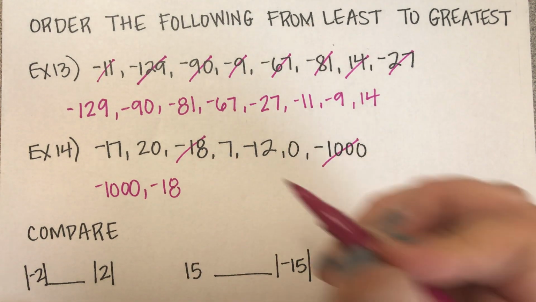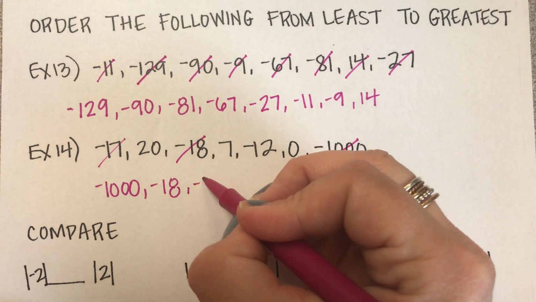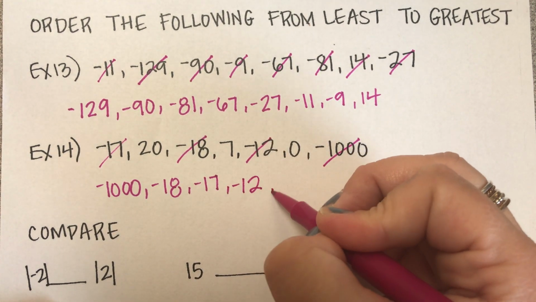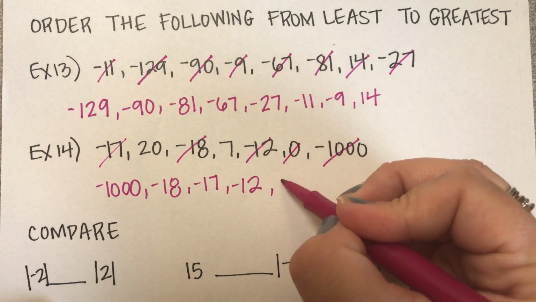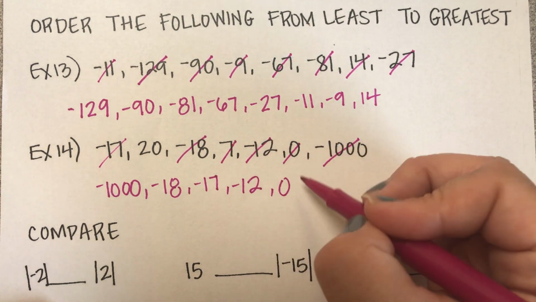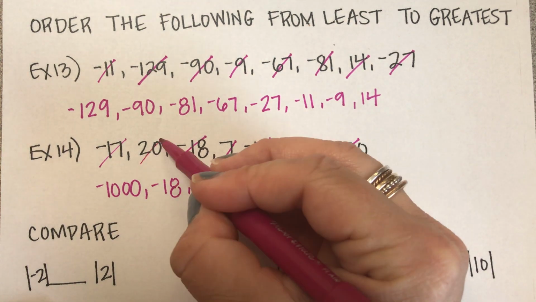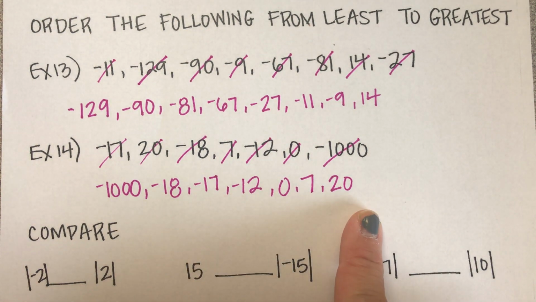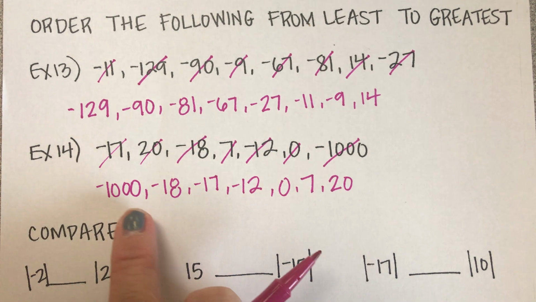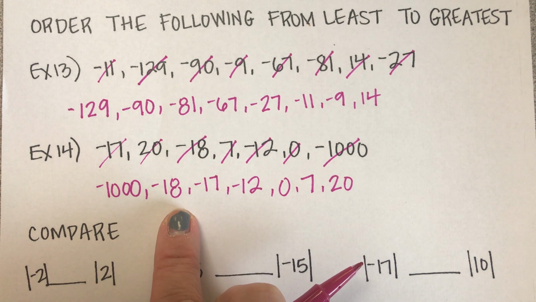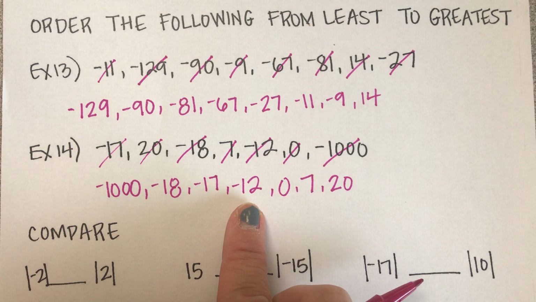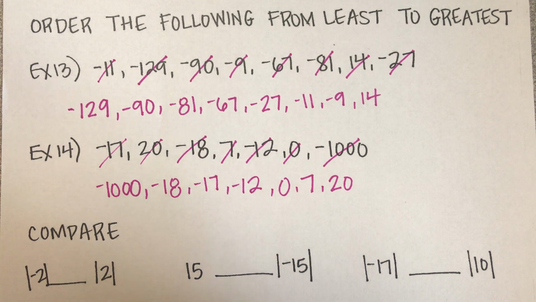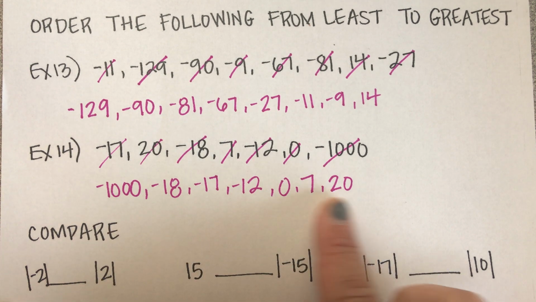Negative 18, and then negative 17, and then negative 12, and then 0, and then 7, and then positive 20. And we can look at our list one more time and make sure, if this was how much money you had, right? You owe $1,000, you owe 18, 17, 12. Oh, I'm at 0. Now I have 7 and I have 20. So that's going from least to greatest.